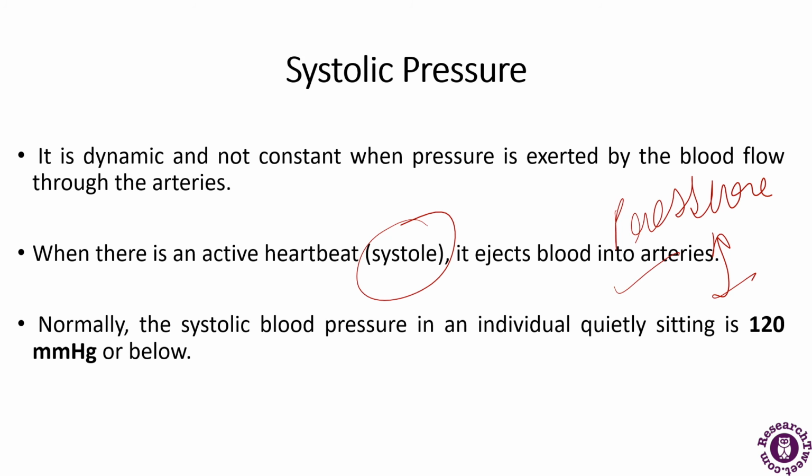This peak blood pressure reached at the time of active cardiac contraction is referred to as the systolic pressure. The systolic blood pressure in an individual is around 120 mmHg or below.